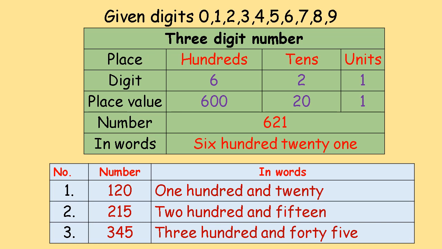Therefore, place value of 1 is 1, place value of 2 is 20 and the place value of 6 is 600. And here we got our 3 digit number, that is 621. In this way, you have to make your own 3 digit numbers and write in words as I have shown in the table.